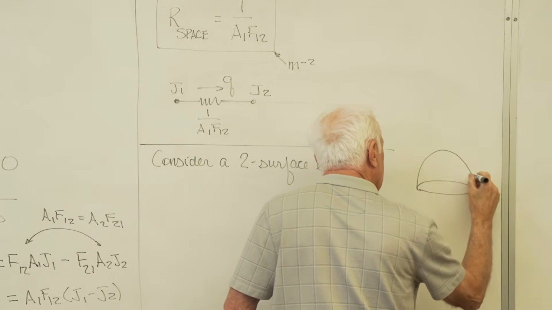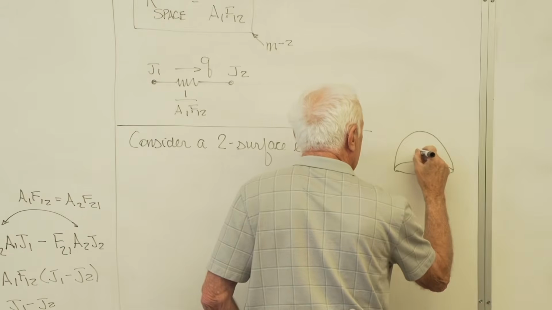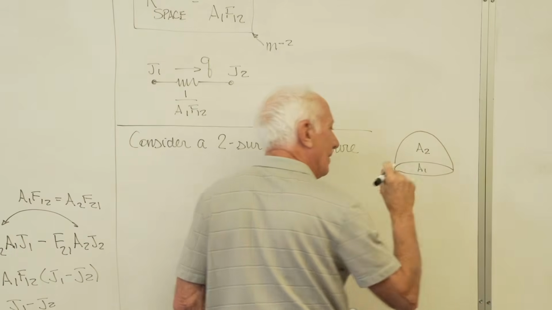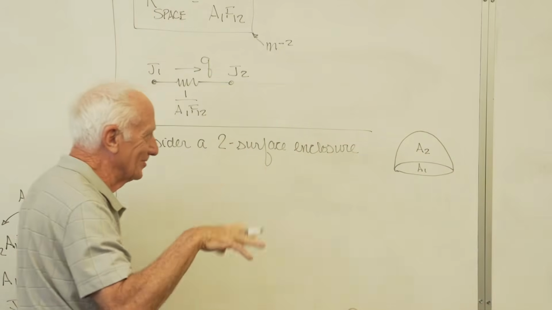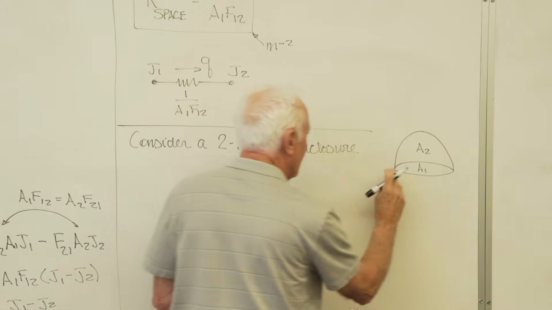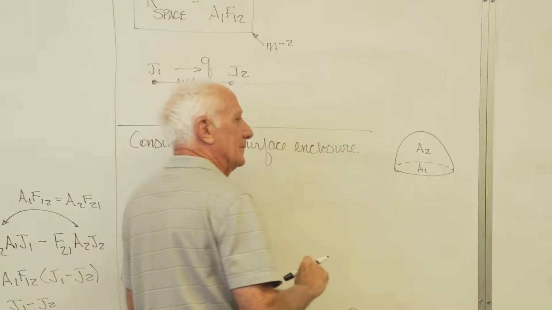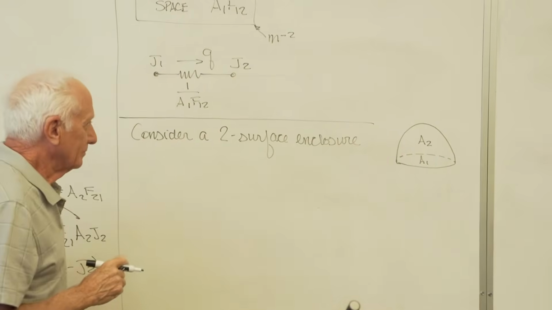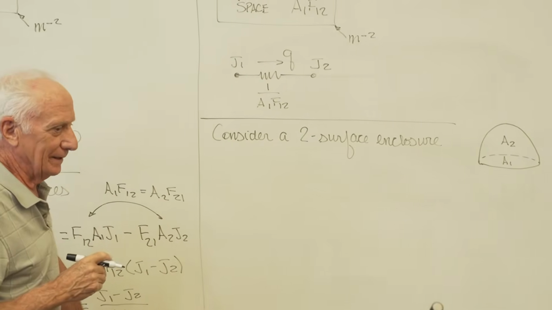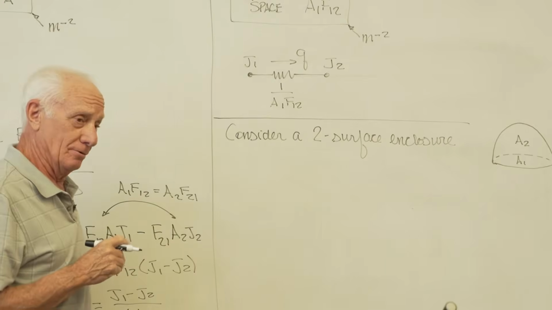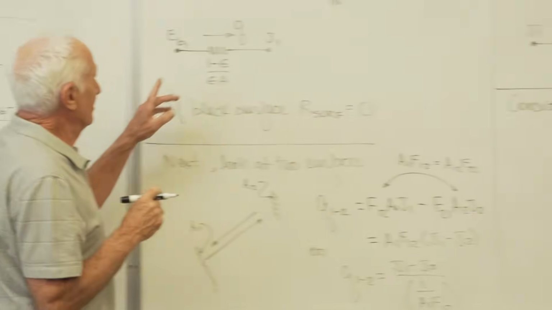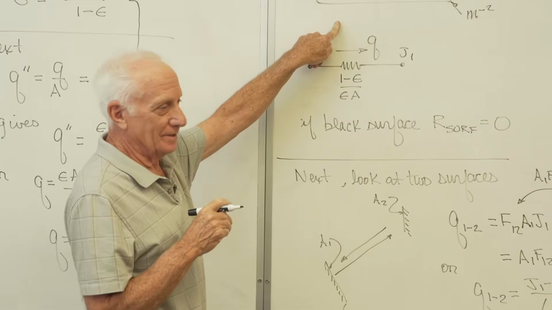It looked like this. It could be this, it doesn't matter. It could be any two-surface enclosure. That's just an example. How many surfaces are there? There's two. Each surface has a surface resistance.